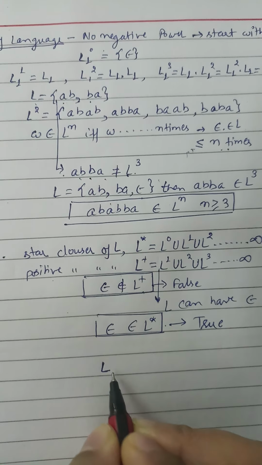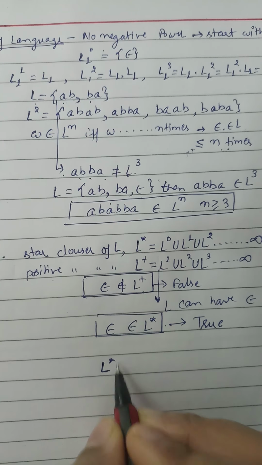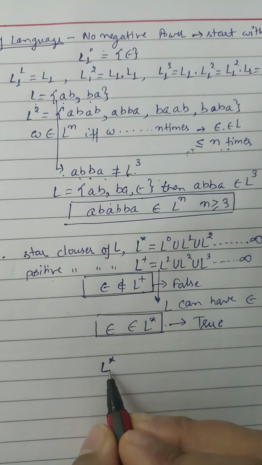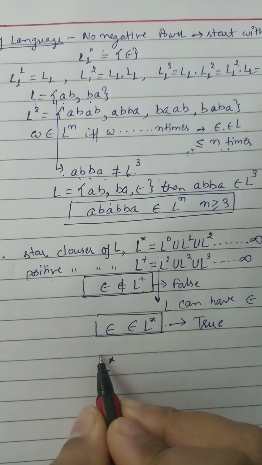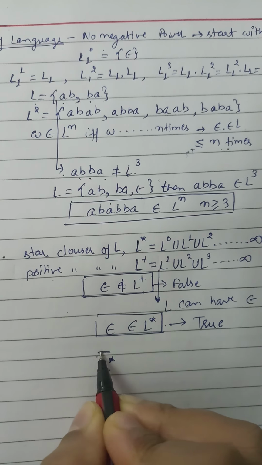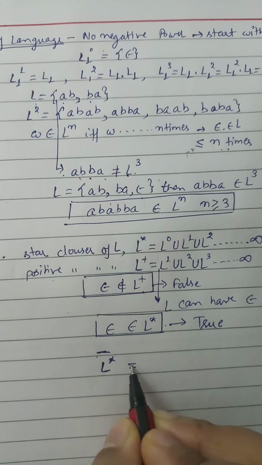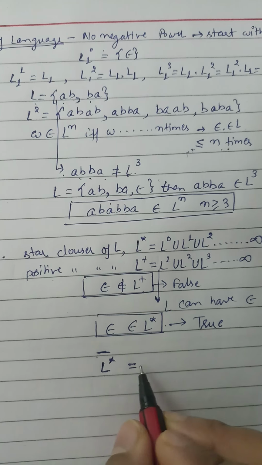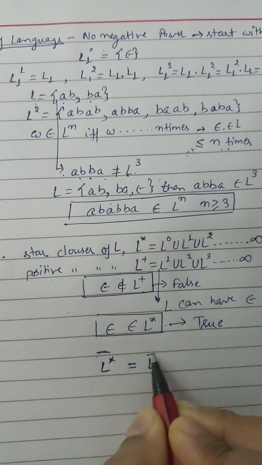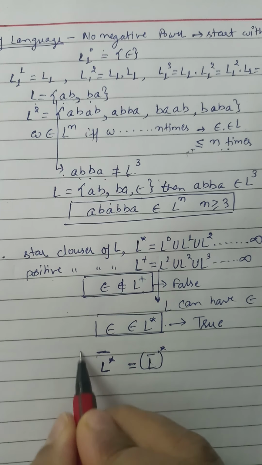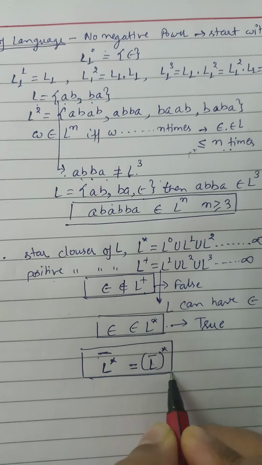And what will be the value of L star? We all know L star contains epsilon, but if we take the complement of it, then epsilon doesn't come. Suppose L star complement equals L complement star, is it true or false?